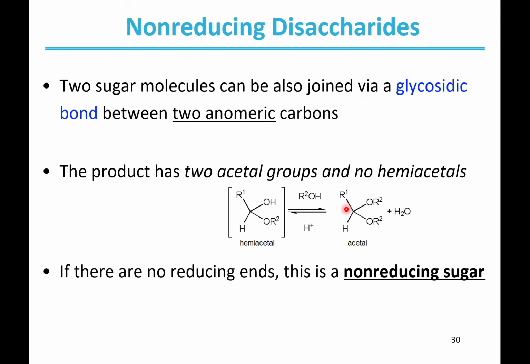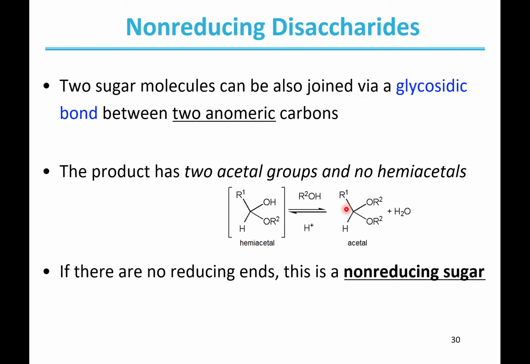Non-reducing: the ones, at least the terms that we use for disaccharides, in terms of a glycosidic bond between an anomeric carbon on one sugar and an OH group on another sugar, will lead to a reducing sugar on the far end all the time.